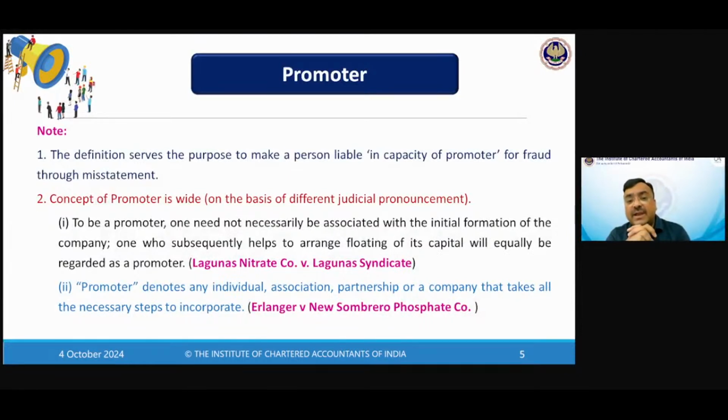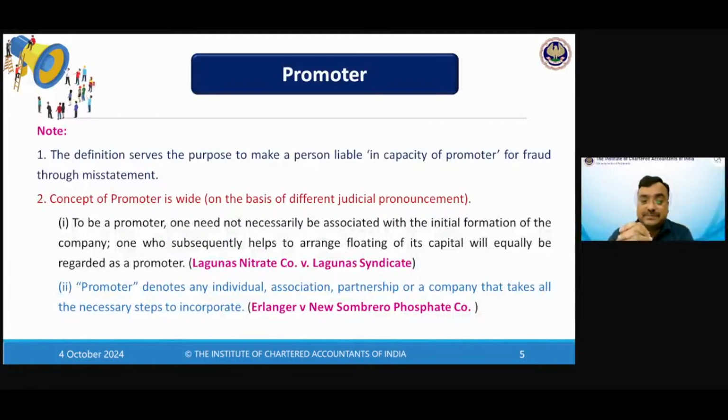One who subsequently helped to arrange floating of its capital will equally be regarded as a promoter. मतलब कि promoter जरूरी नहीं है कि at the incorporation ही person हो जो support कर रहा हो. Even after the incorporation, if a person supports the flotation of capital, to arrange the capital, expand the business, is also the promoter.